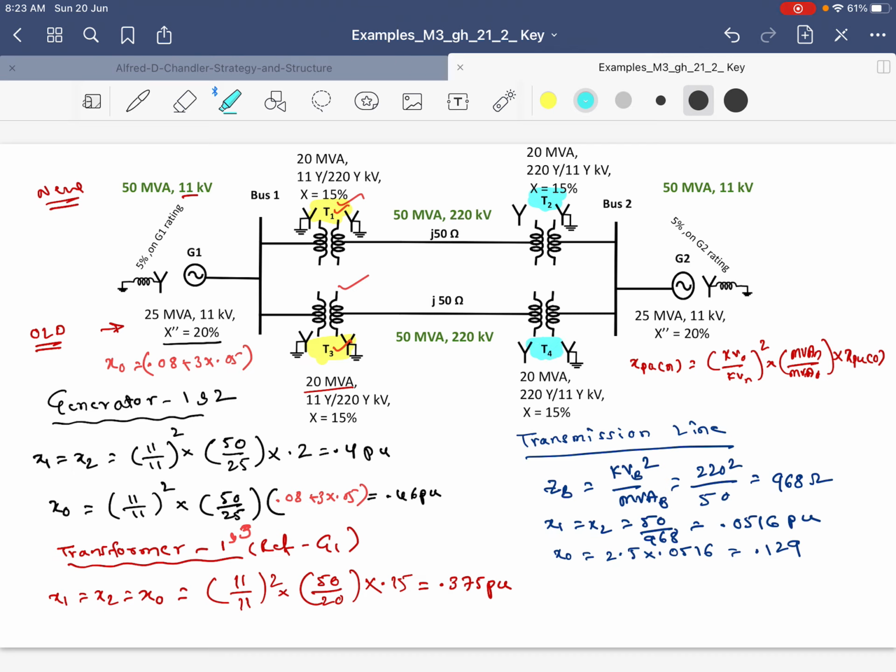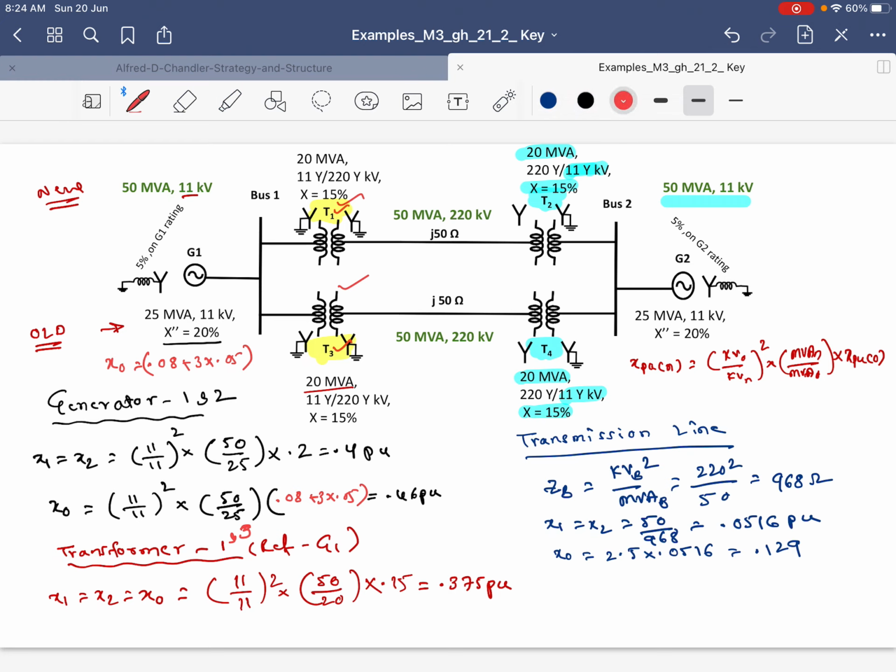Here if you are referring to either the generator side or the transmission line side, the base quantity for both T2 and T4 are the same. For example, I am referring to the generator side. Here it is 50 MVA 11 kV, and the voltage on the secondary side is also the same. Their MVA rating is also the same. The reactance is also the same. Therefore, you only have to make one calculation for T2 and T4.